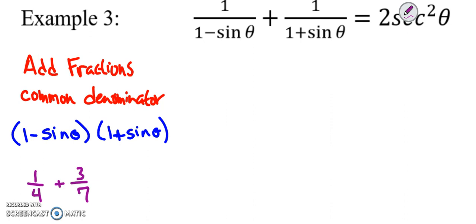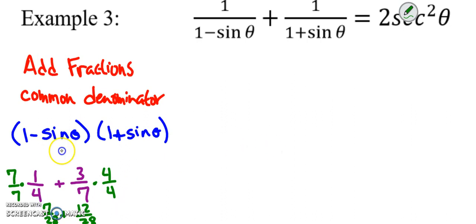But how would you get a common denominator between these two? Precisely. Multiply this by 7 over 7, and multiply this by 4 over 4. And therefore, we would get 7 over 28 plus 12 over 28.